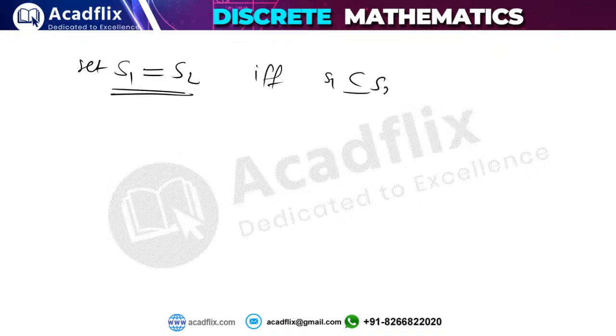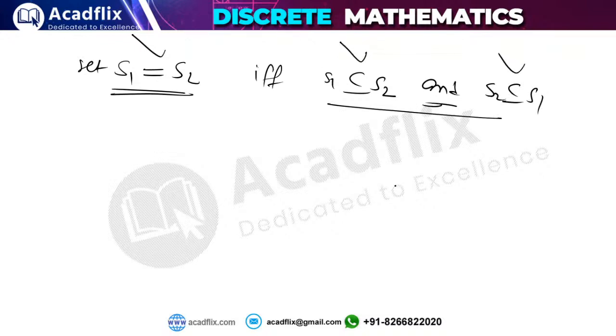Prerna, this property we have: set S1 is equal to set S2. What does it mean? It means S1 is a subset of S2 and S2 is a subset of S1. Basically, S1 equals S2 if and only if S1 is a subset of S2 and S2 is a subset of S1.